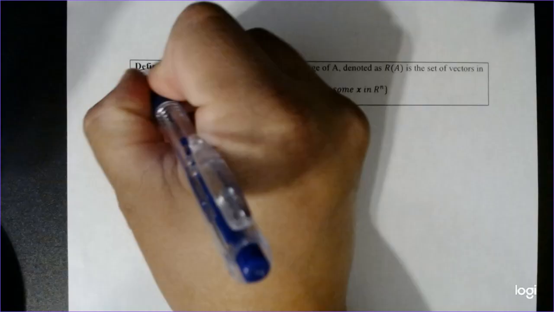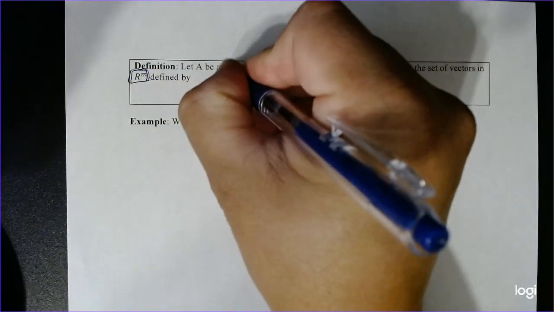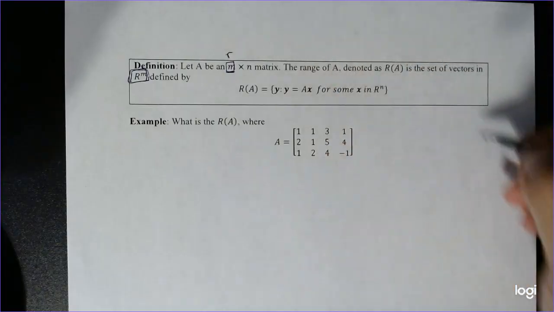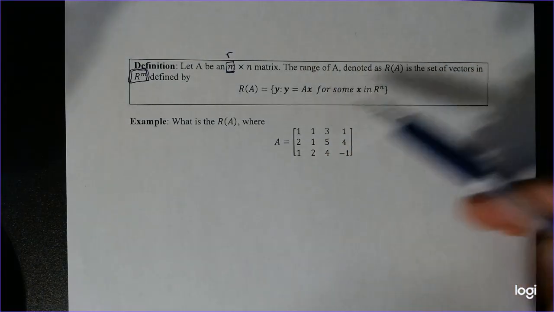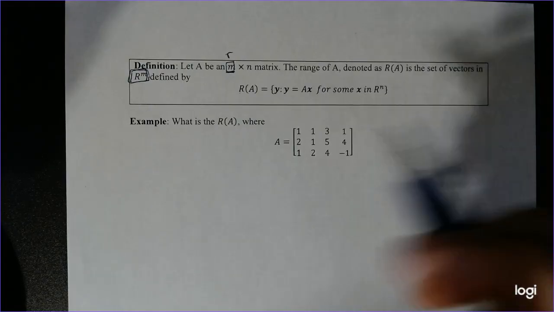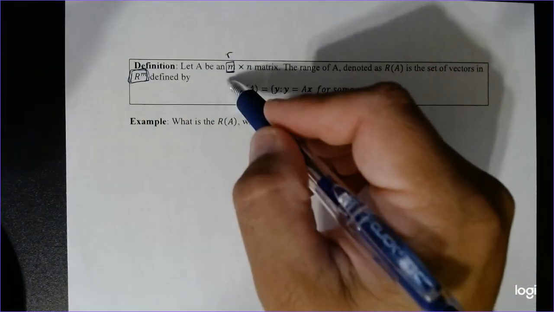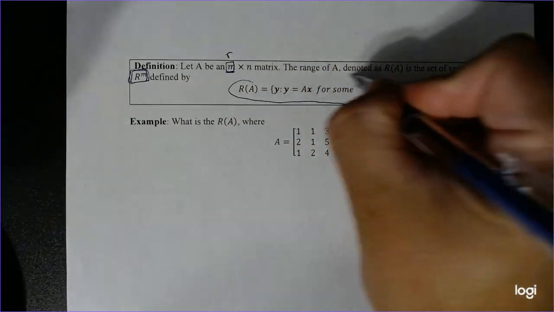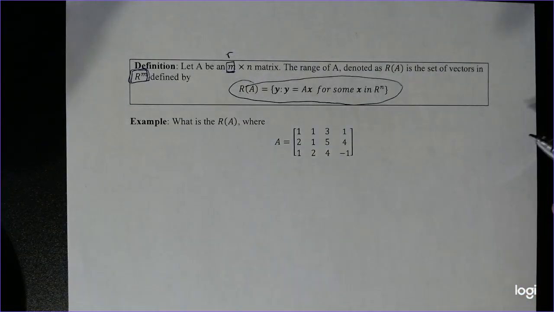So notice, it's not Rn, it's Rm. It's the first component, so the number of rows. The range is all vectors y equaling Ax for some x in Rn.